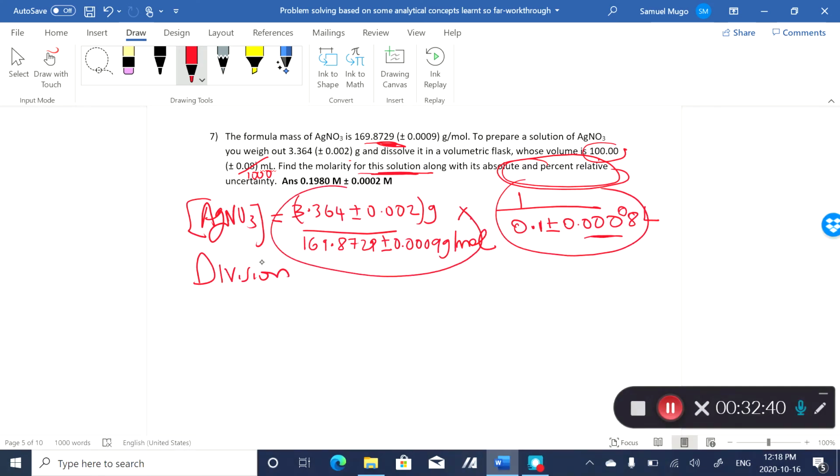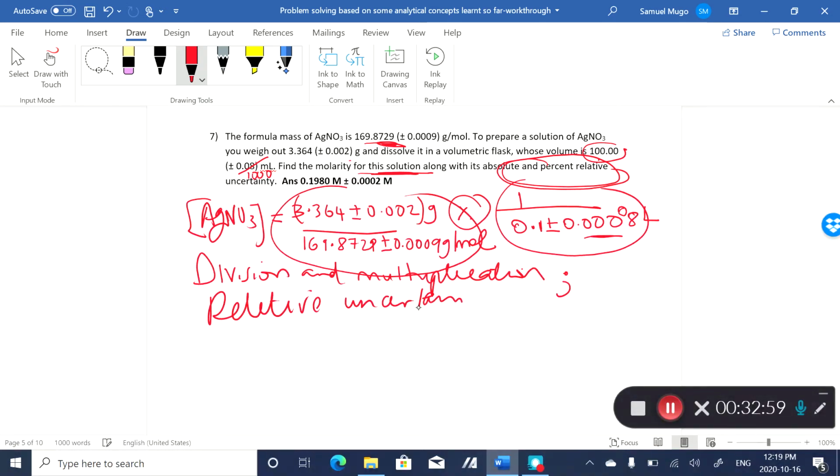There's division and multiplication. Okay, and because of that, then I should be using relative uncertainty. Remember that's what we said.